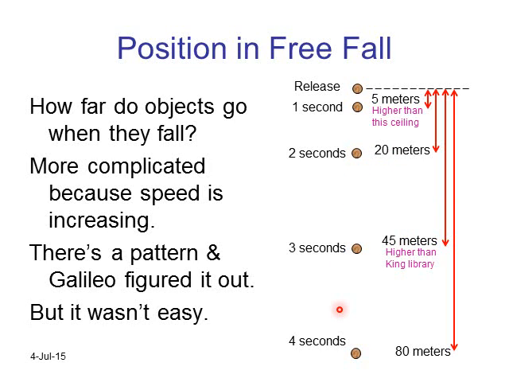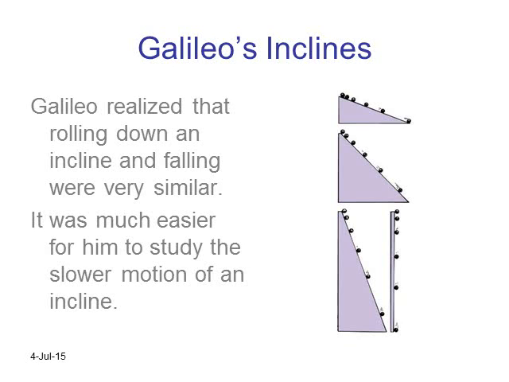And Galileo was actually the one who figured out this pattern. If you can imagine trying to drop a ball and figure out where it is in midair, you would find that fairly difficult. Galileo realized that he can't just drop a ball and figure it out, but he could put balls on an incline.